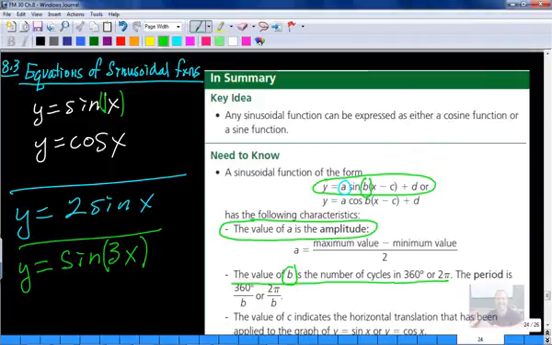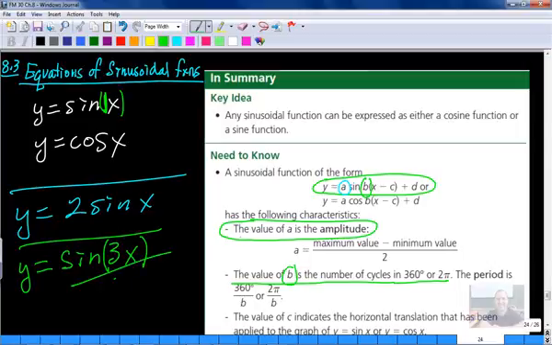Okay? On a normal sine graph, there is 1 complete cycle in 2 pi radians. If you change this b value to 3, there are now 3 complete cycles. It doesn't change the amplitude, doesn't change anything else, just how squished it is. See, it's kind of squished up.